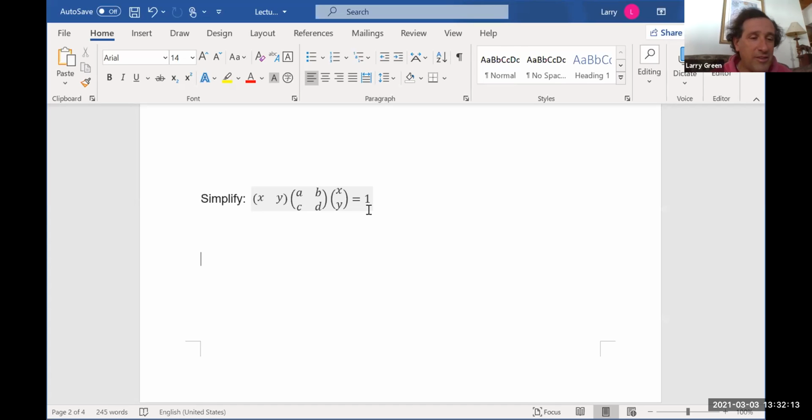And if you have questions or need help, I can help you. But hopefully this isn't hard. This is just matrix multiplication. That's all this is. Little simplification at the end.